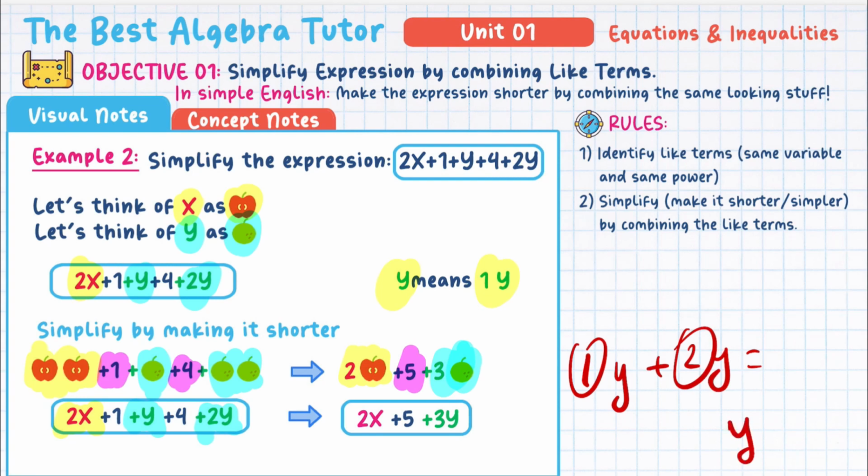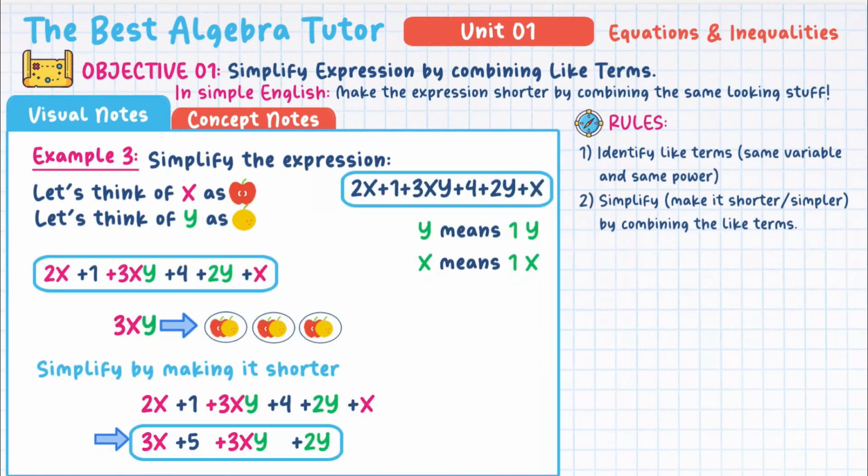So 1 plus 2y becomes 3y, right? So that's why we have 3y in here. Then 5, like what we did, 1 plus 4 becomes 5. And my 2x, because I don't have another 2x, remains the same. That's it, super easy.